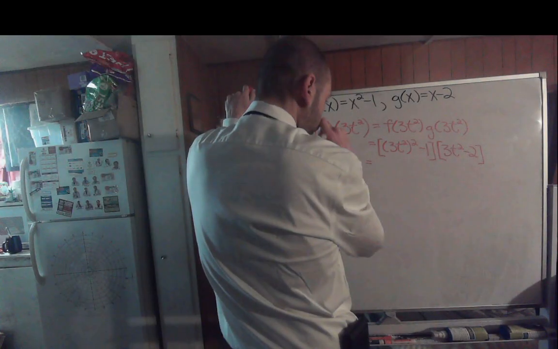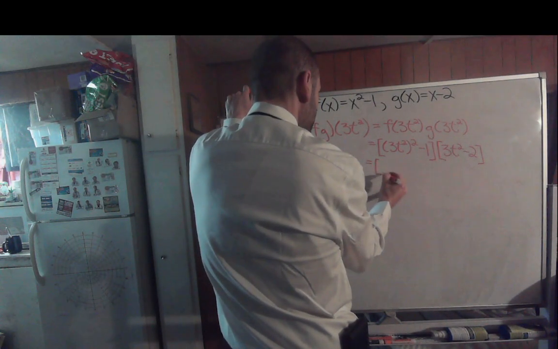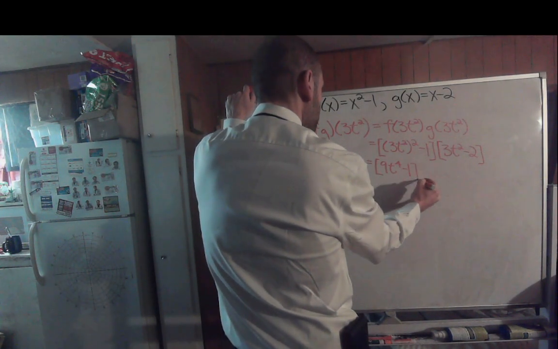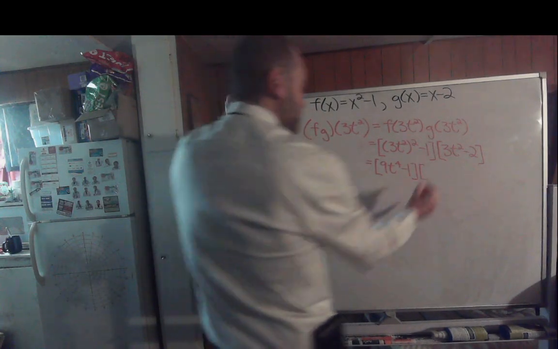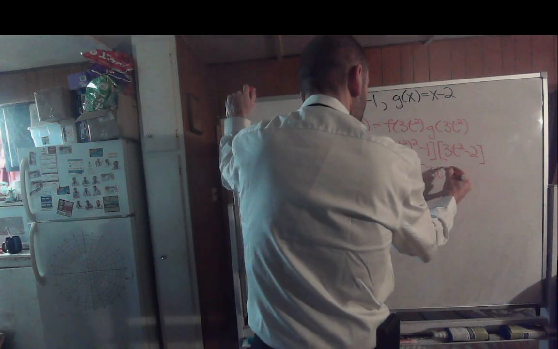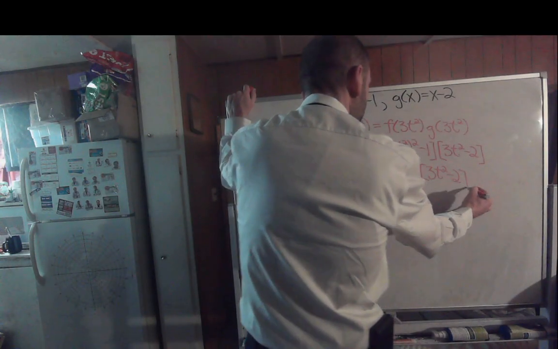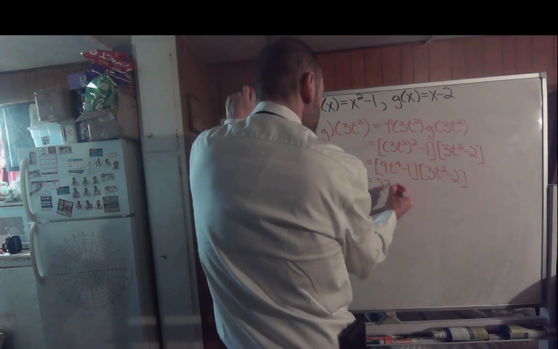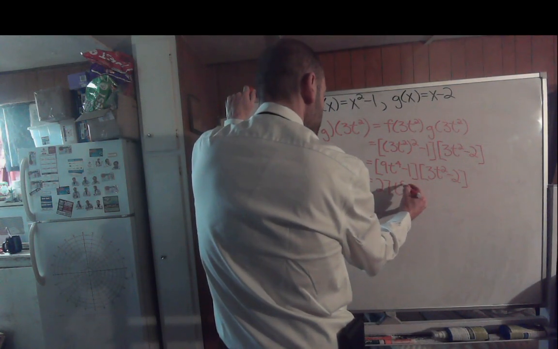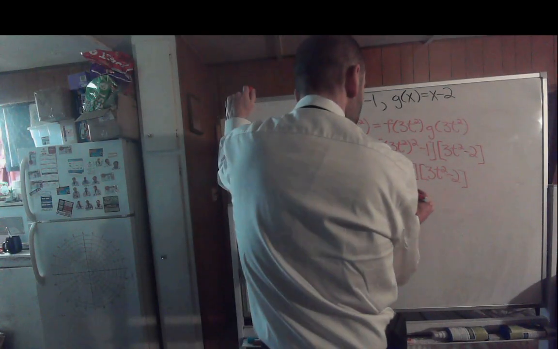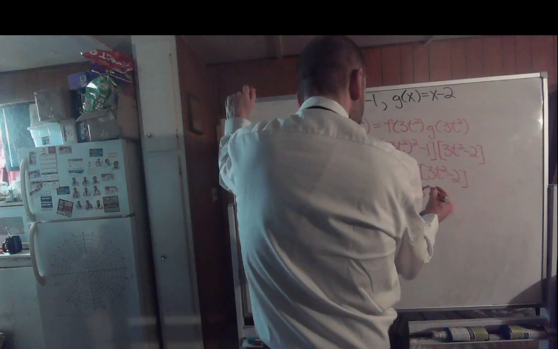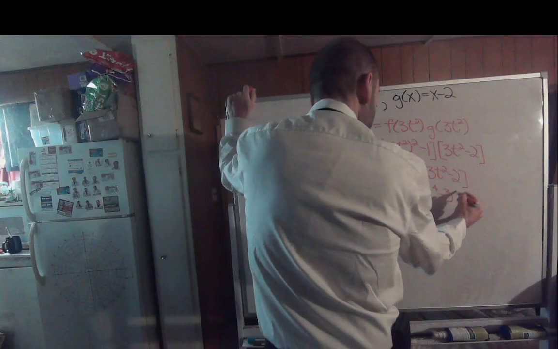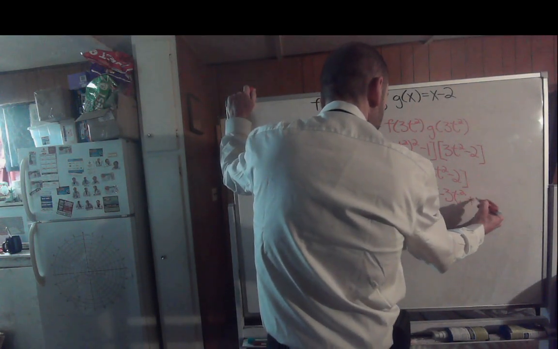So let's simplify the first bracket. That would end up giving you 9t to the fourth minus 1 times the quantity of 3t squared minus 2. And now you just have a simple foiling. This would be 27t to the sixth minus 18t to the fourth minus 3t squared plus 2.